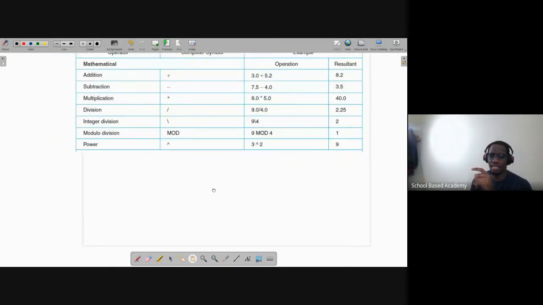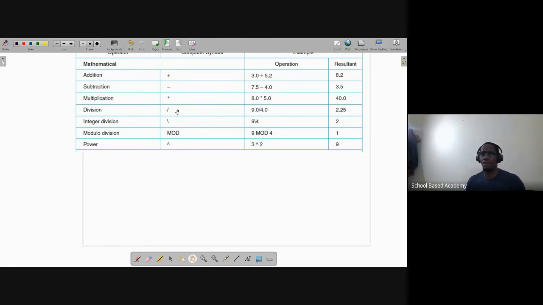This here represents regular division and integer division in two separate ways using two separate slashes. But when we get to programming, the division is going to be dictated by the data type.